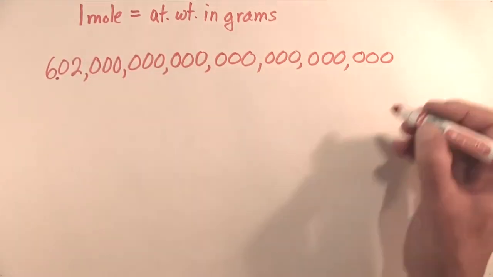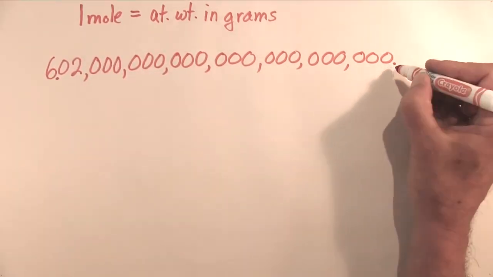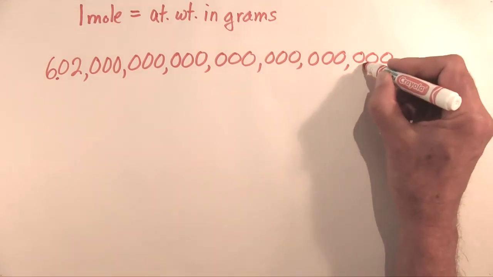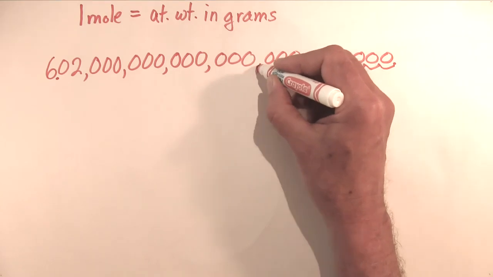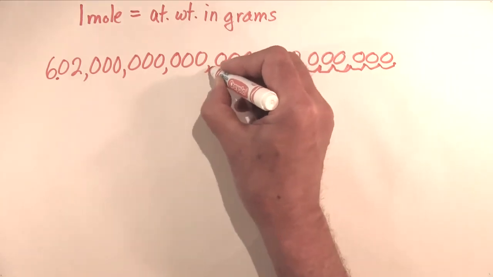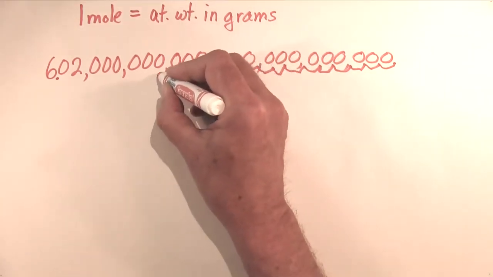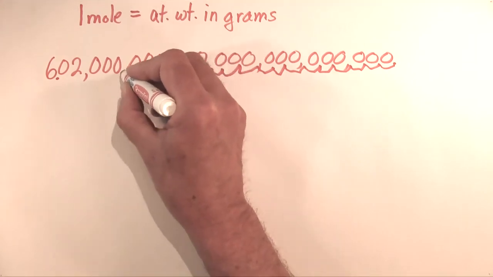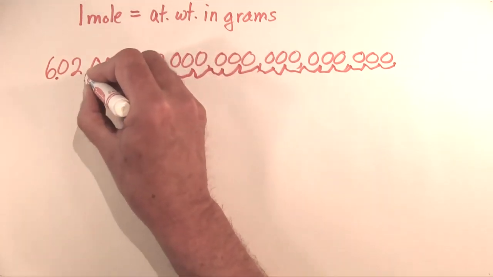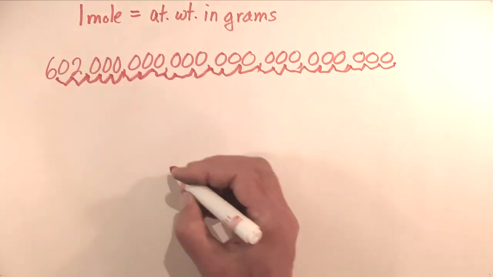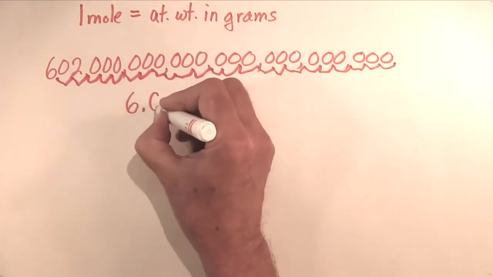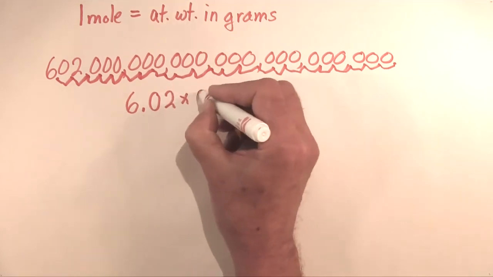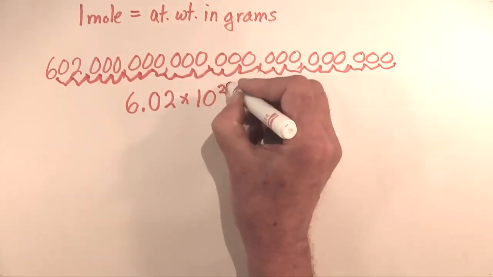The decimal point was originally here, so we had to move it 23 times. So that number is 6.02 times 10 to the 23rd.